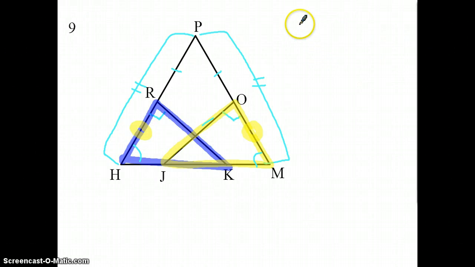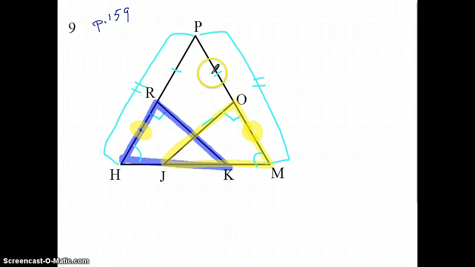Also, if you take a look at number 9 on page 159, so it's on the next page, this also will be part of the work you're going to do in class. You have these overlapping triangles, okay? And I gave you the diagram here to show you that we have PR is congruent to PO, so these two small segments are congruent.